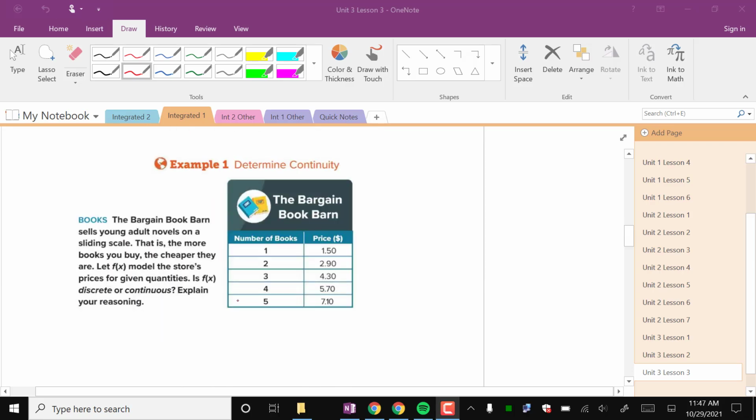Example number 1. We want to determine if this is going to be discrete or continuous. If we look at this, we're dealing with number of books and a price.